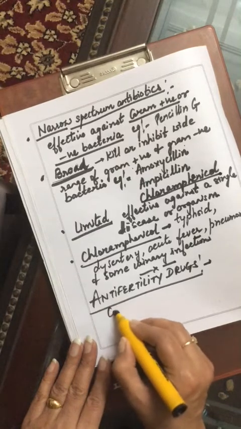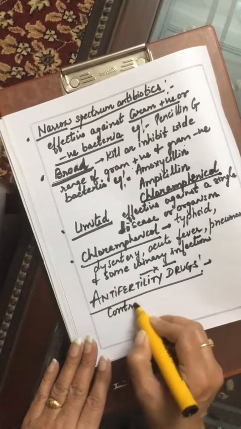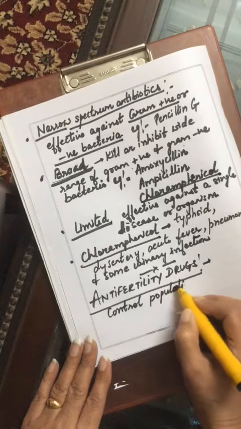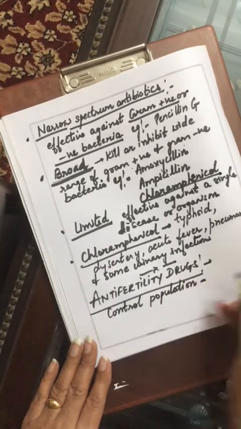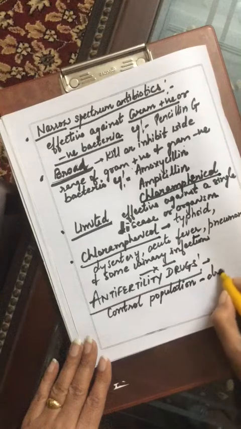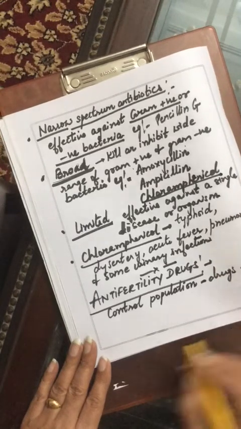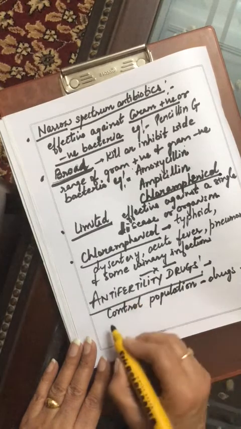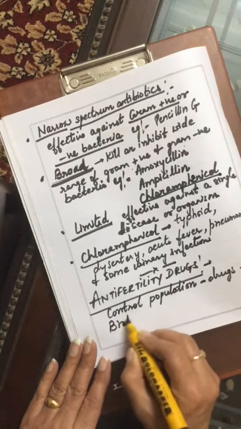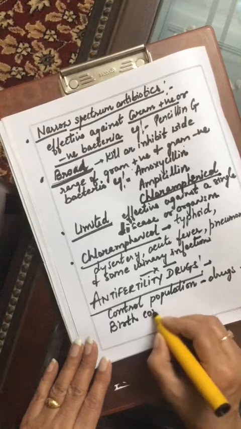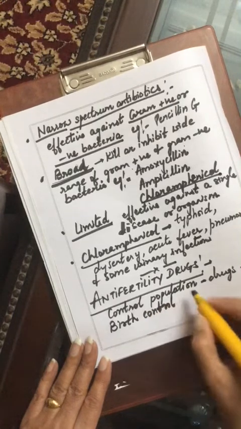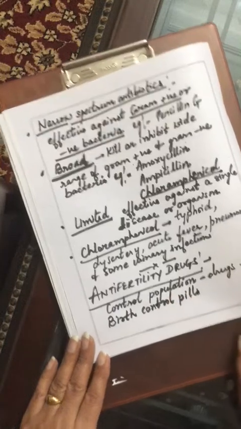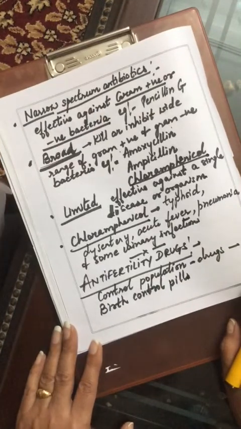So the drugs which are used to control population, that is childbirth, are called anti-fertility drugs. The birth control pills come under anti-fertility drugs.